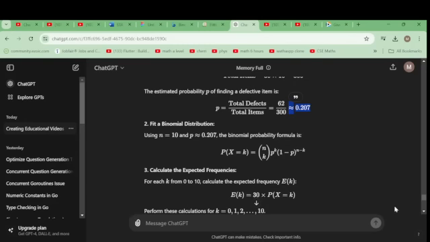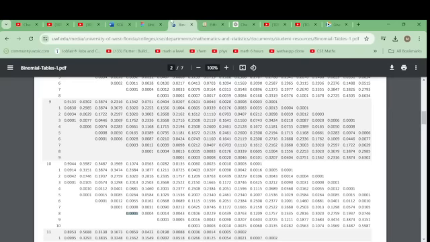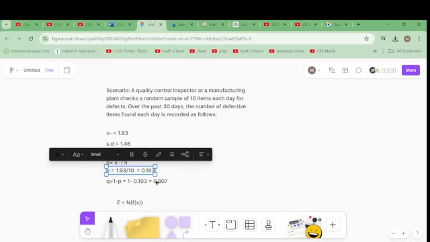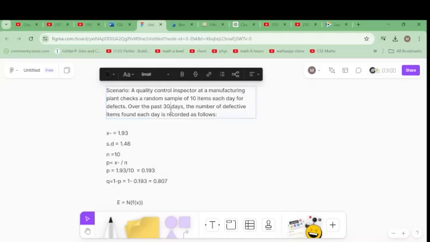Now let's find for what. It did not even help you, it just gave you how to do it. Now we actually verified our big N is 30. When you sum all of the frequencies, it is 30. It is also in the question that over the past 30 days, but just make sure you sum all your frequencies together.